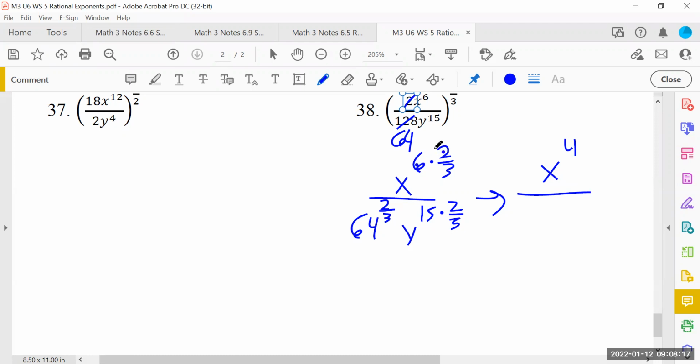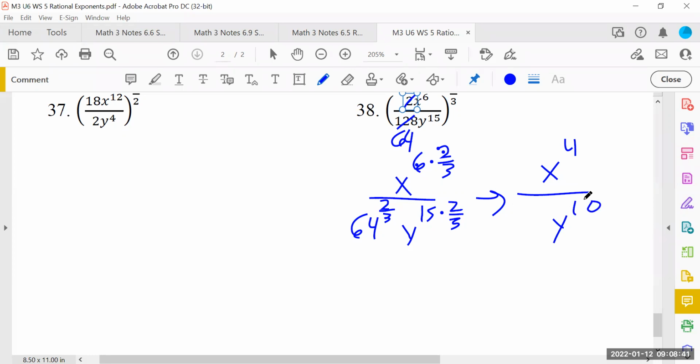If you just do 6 times 2, that's one way of doing it. You could also do 3 divides into 6 2 times. You get the same answer. The bottom here, y, 15 times 2/3. 15 times 2 is 30, divided by 3 is 10. That would be one way to do it.